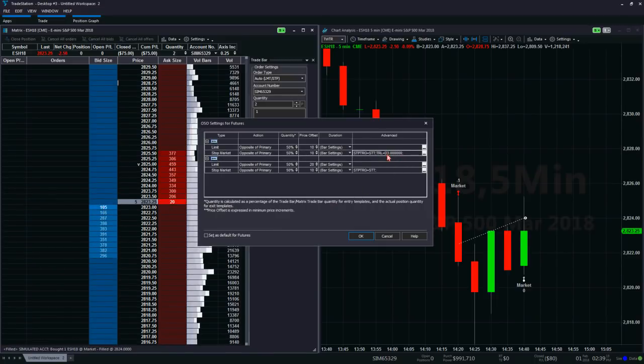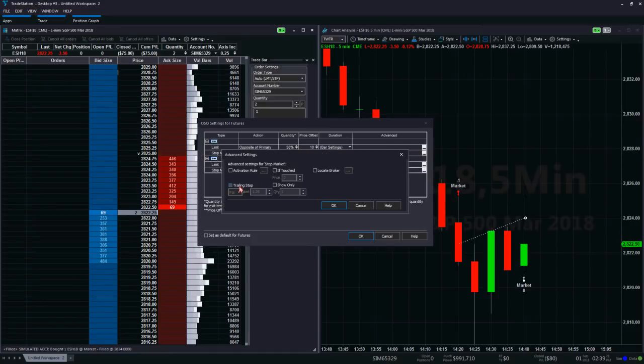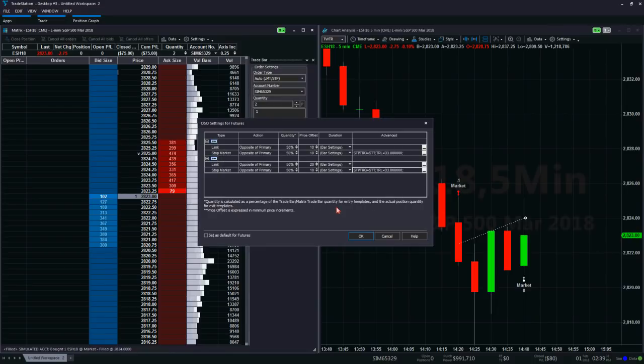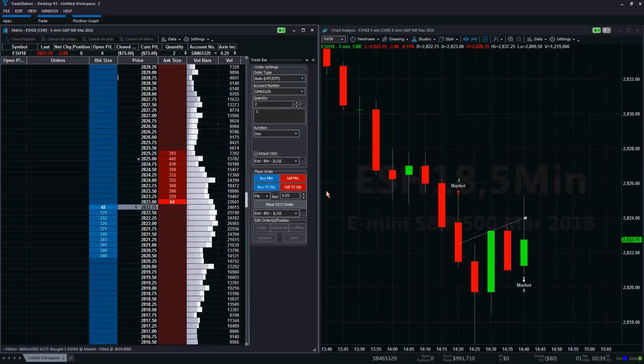I click OK, and you can see that now it shows that information over here. And I'm going to do the same thing for the other one. This stop right here, I'm going to click on the ellipsis, put a check on trailing stop, and I want it to trail by 3 points. Click OK, and that's the information that I see right here. Once I click OK, I've already formatted my bracket, and it's just a matter of putting it in the matrix.